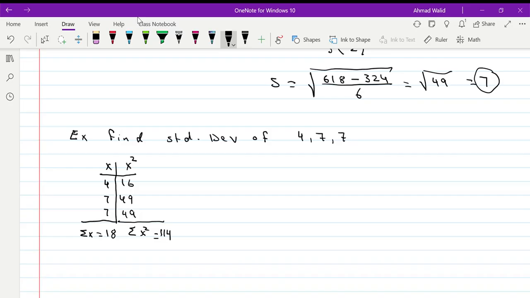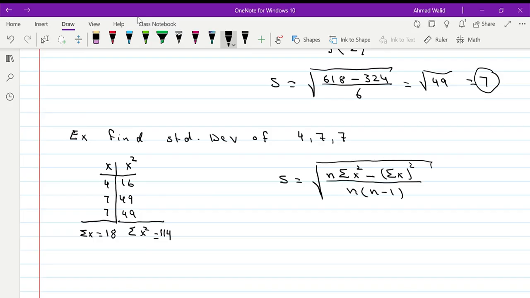My formula: s equals the square root of n times the sum of x squared minus the sum of x all squared, over n times n minus 1.